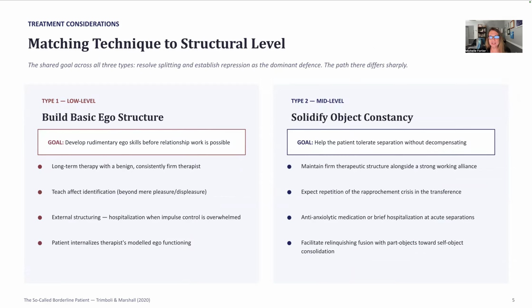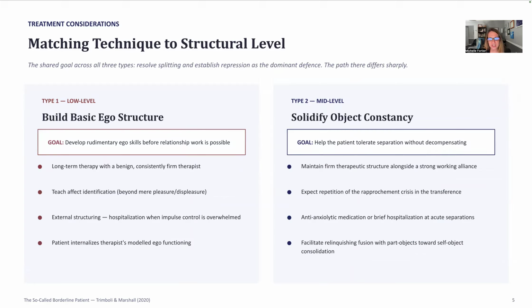So we want to match the technique to the structural level. In type 1, it's to build basic ego structure, developing rudimentary ego skills before relationship work is possible. You need to consider doing long-term therapy with a benign, consistently firm therapist.